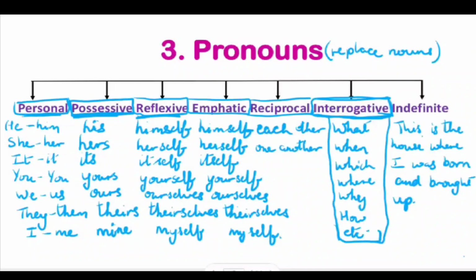However, we have used a question word where. Now, this question word is relating this sentence with this sentence. This is the house. Which house? Where I was born. So the sentences correlate. Okay, there is more information given in the second sentence about the first one.